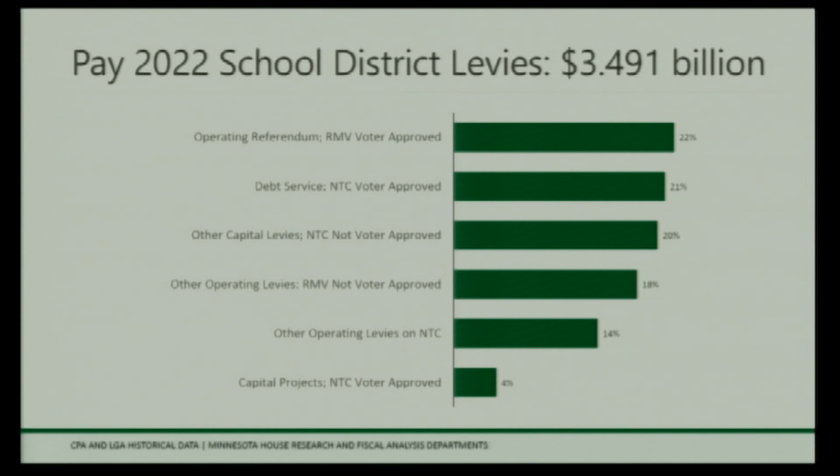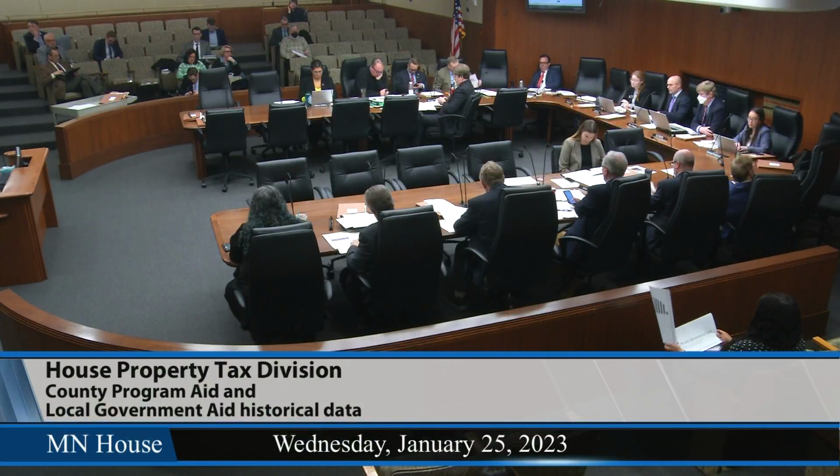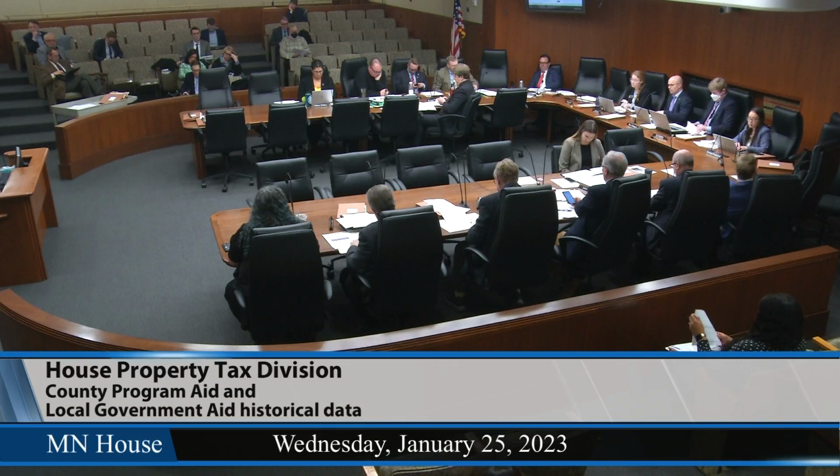And then there's also the net tax capacity tax base, or NTC, on the slide, which includes all property types and is a classified tax base. This slide shows each of the different school property tax levies, the tax base that each of these levy types use, and whether or not the levy is voter approved. And Mr. Chair, that concludes the overview of school-related property taxes and county program aid and local government aid.